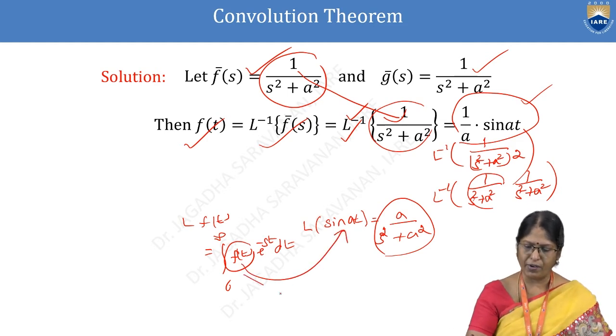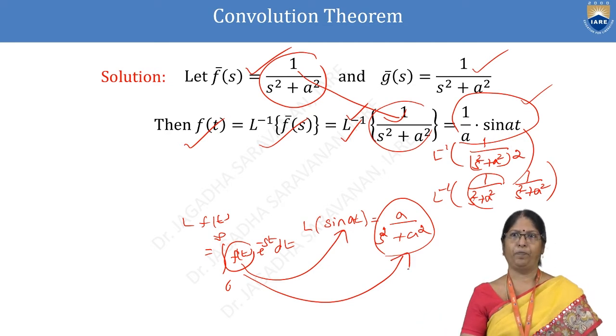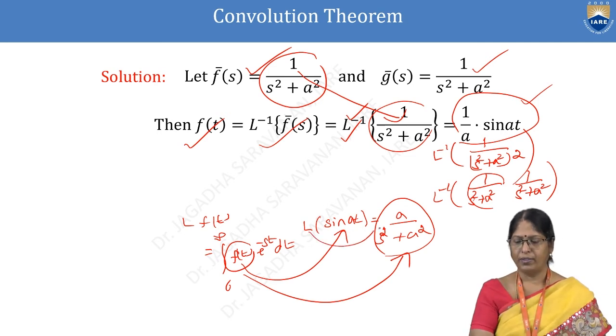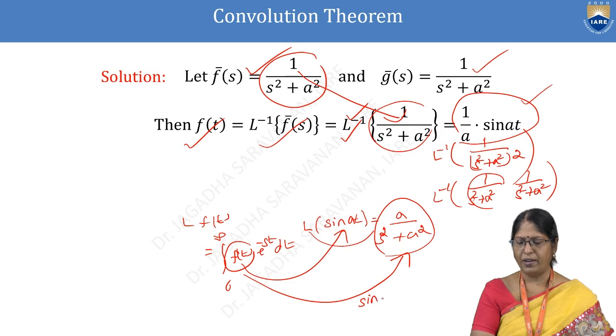Substituting and integrating, we get this formula, the standard formula: sin at gives a by s square plus a square. Now this L of sin at, this L we push to the other side. Then sin at equals L inverse of a by s square plus a square.